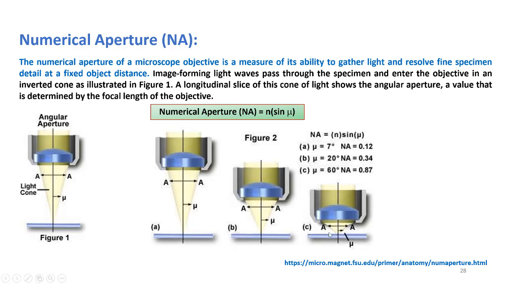If I reduce the working distance, then I'll get a better NA. If I put the angle as 60 degrees, then the numerical aperture will be 0.87. Because this is higher, we will get a better resolution. That's why we always try to select a higher mu angle.